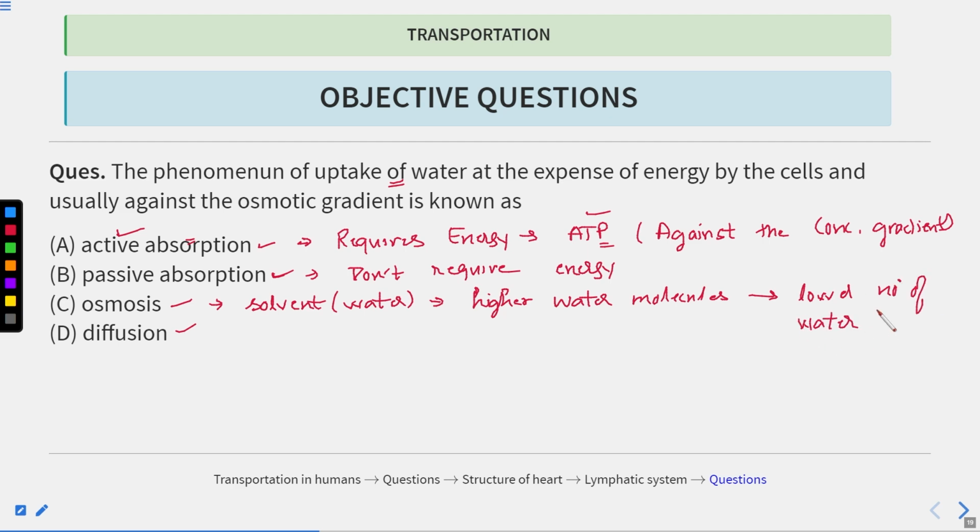And here one more thing is required, a semi-permeable membrane. So osmosis takes place across the semi-permeable membrane.